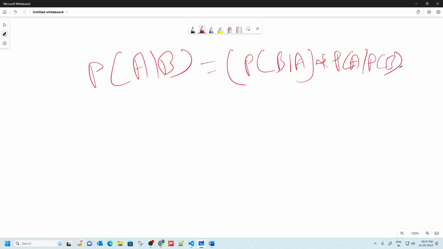I am sorry for my handwriting. Okay, so this is the formula. Now here P(A|B) is the probability of event A occurring if B has already occurred. So okay, we will understand with an example.